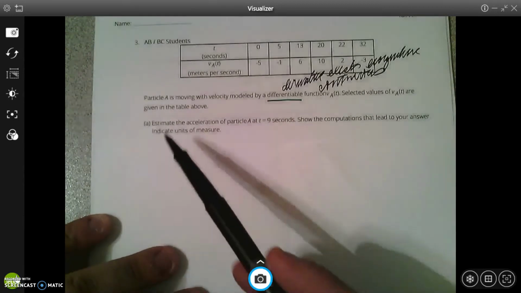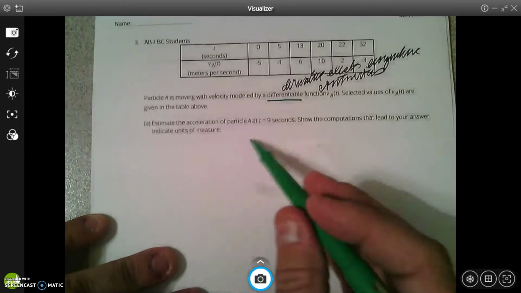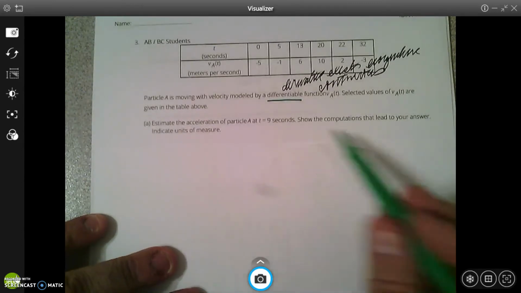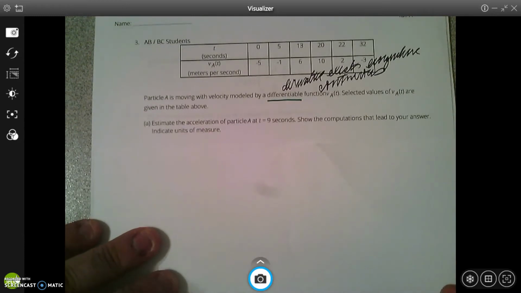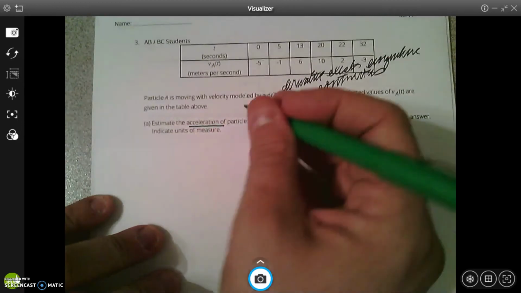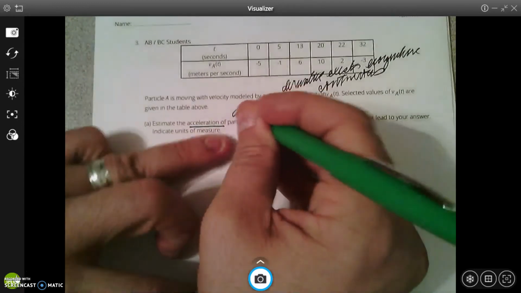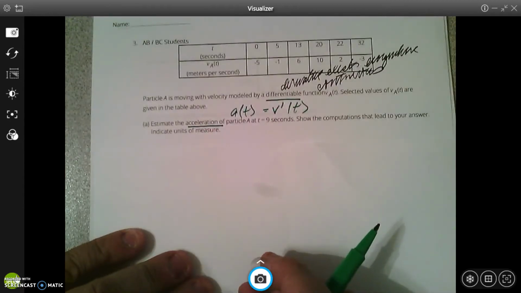So let's start this. Part A, estimate the acceleration of particle A at time t equals 9 seconds. Show the computations that lead to your answer. Be sure to include units of measure. Well, what do I know about acceleration? I know that acceleration, a of t, is the derivative of the velocity.